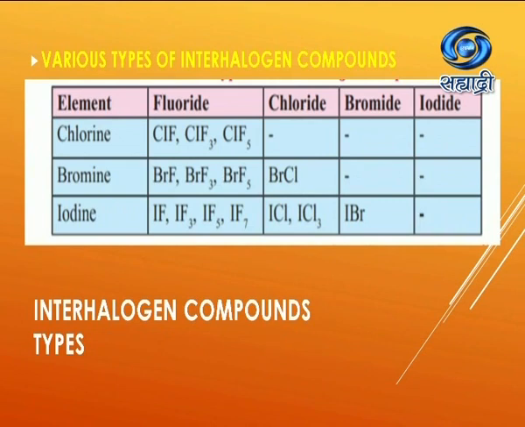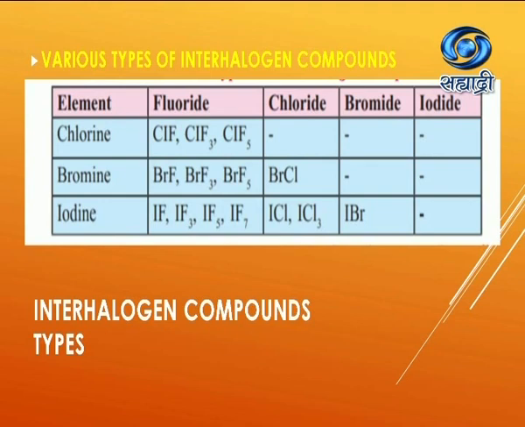So these are the various types of interhalogen compounds. Chlorine forms, bromine forms, and iodine also forms. So ClF, ClF3, ClF5, etc. Bromine also forms BrF, BrF3, BrF5, BrCl. Similarly, iodine.